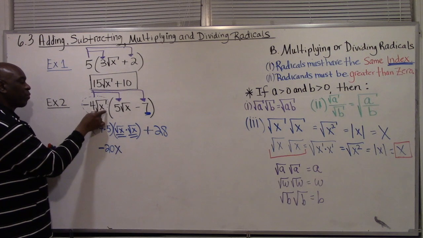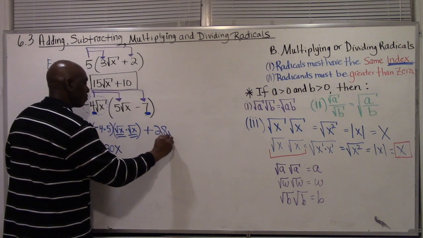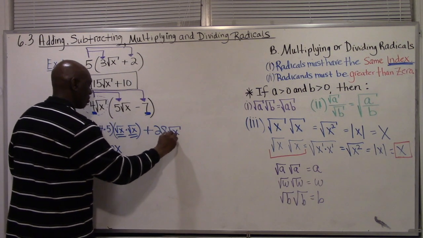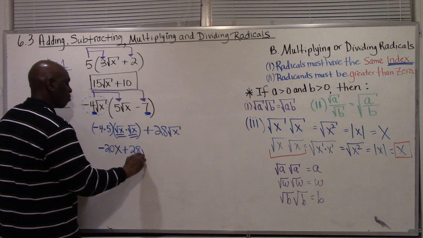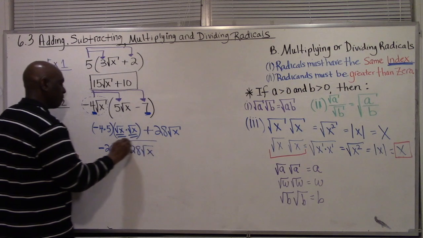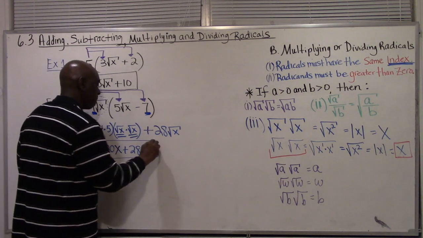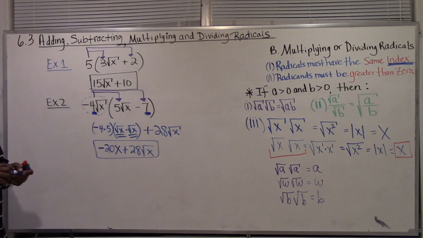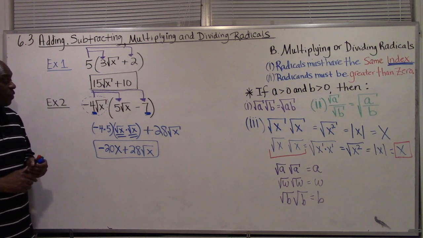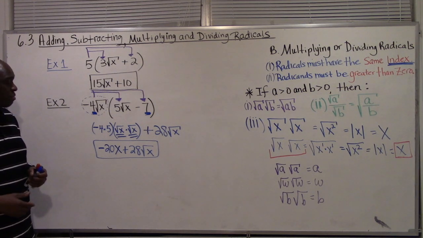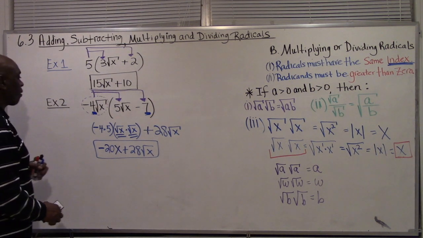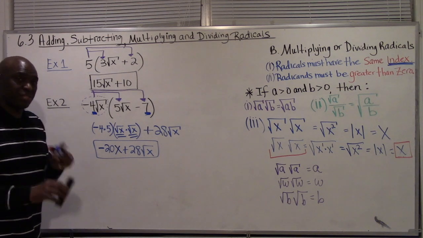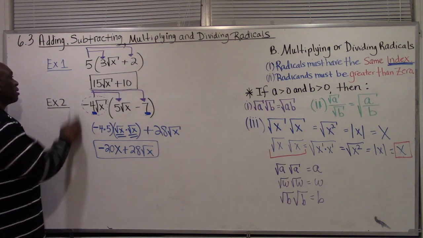And bring over the radical x. So that's going to be plus 28 radical x. And we're done. That's the answer. That's how you multiply those two things. Okay? So those are two nice basic starters to get us going.